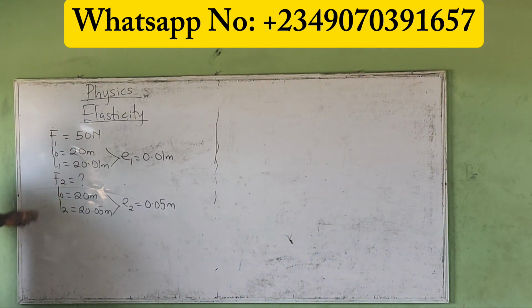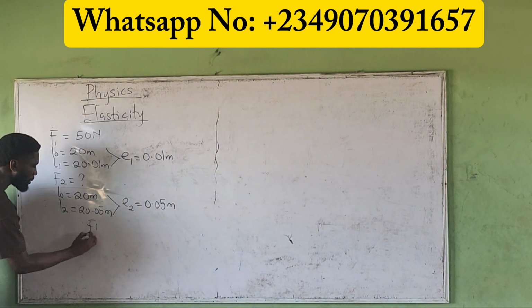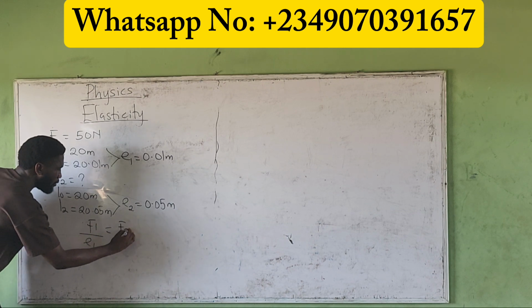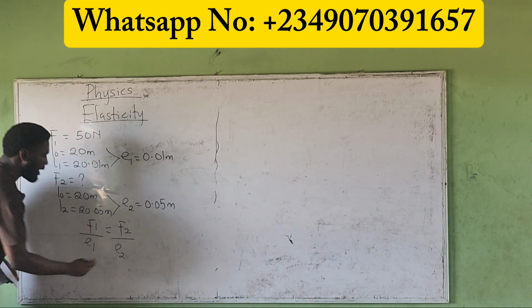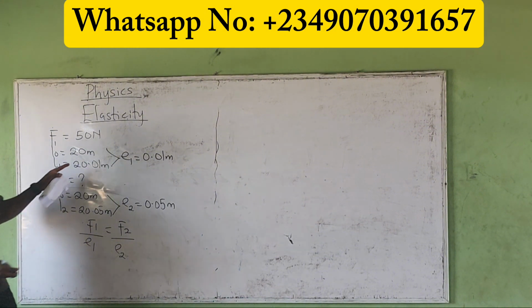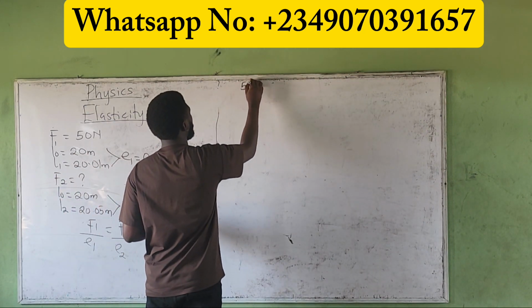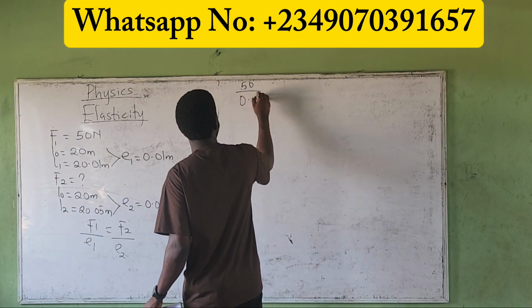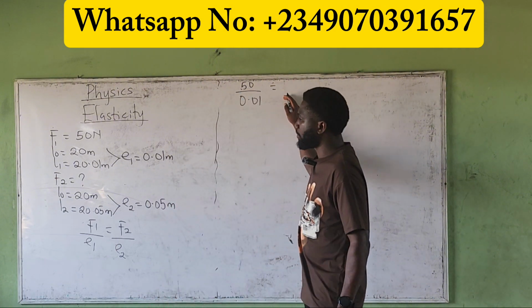Right? So now to get F2, what are we going to do? F1 over E1 equals F2 over E2. I don't need to start inputting the values for L1 minus L0 because we've already gotten E1. What is F1? 50 newtons. Over, what is E1? 0.01. What is F2? Unknown.